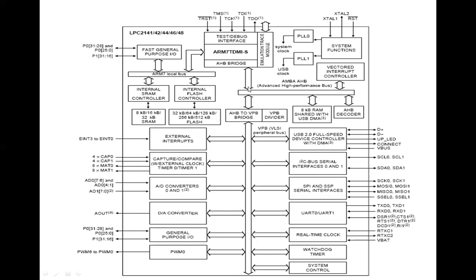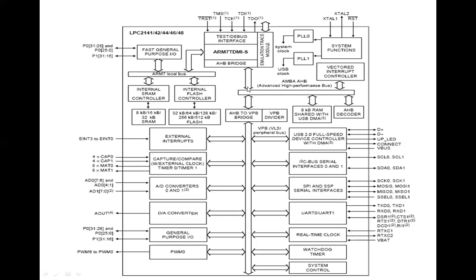Here at the top center you can see the ARM7 TDMI-S. Above that you can see the test or debug interface. Its purpose is to test or debug the interfacing, so the external pins are linked with that box.